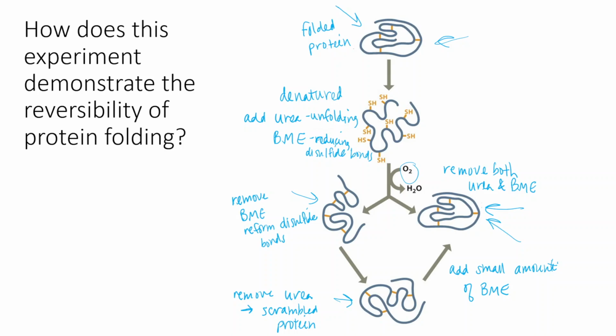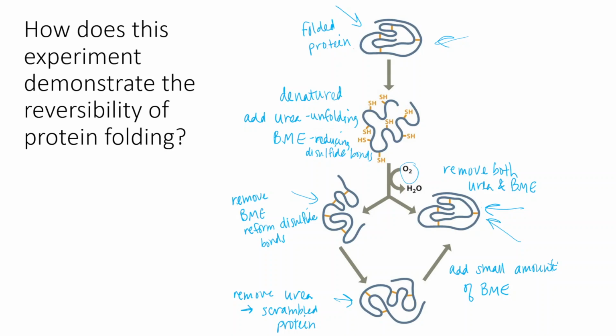And by doing that, that little bit of BME is enough to break those disulfide bonds that are less favorable. But there's not so much BME in there that the bonds are not able to reoxidize on their own, given that there are favorable oxidation conditions in the buffer, in the rest of the environment where the protein is. And so, yeah.